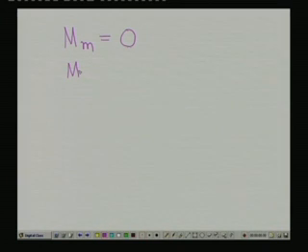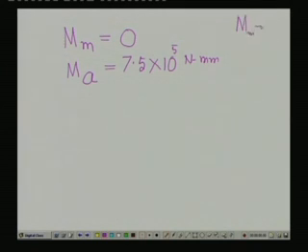The mean stress is maximum plus minimum by 2, and amplitude is maximum minus minimum divided by 2.